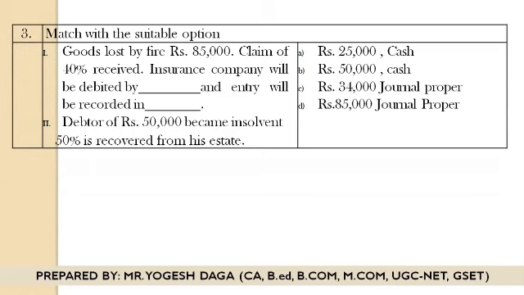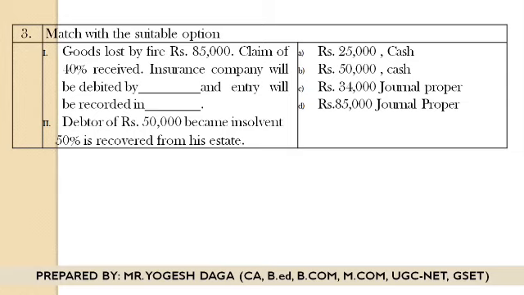Okay, and the second is there, debtor of rupees 50,000 become insolvent, and 50% is recovered from his estate. Okay, so on the other side there are the four options: rupees 25,000, cash, rupees 50,000, cash, rupees 34,000, general proper book, and rupees 85,000, general proper book. So students, you are required to choose the proper.